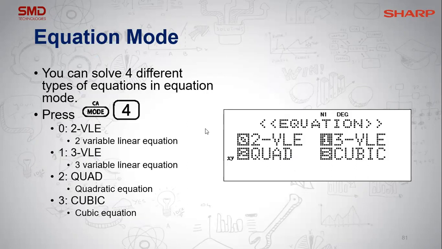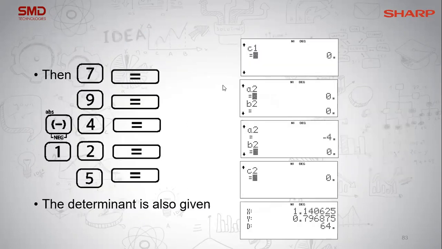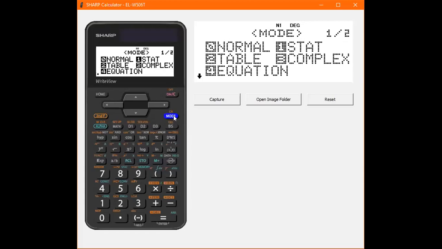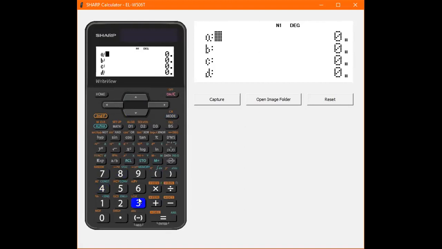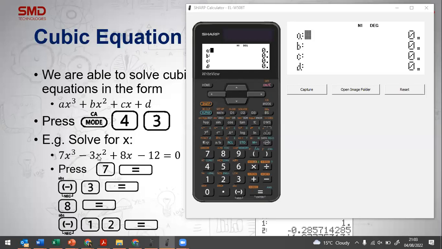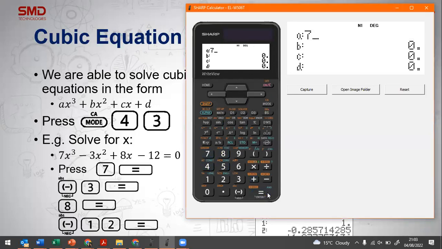Okay, let's do a cubic example. What we're going to do is press mode and choose 4 for equation and choose 3 for cubic, and then you'll see you've got A, B, C, and D. Now, if I show you my example here on my screen, you'll see it says 7x cubed minus 3x squared plus 8x minus 12. So here in A, I'm going to fill in 7 and press equals.